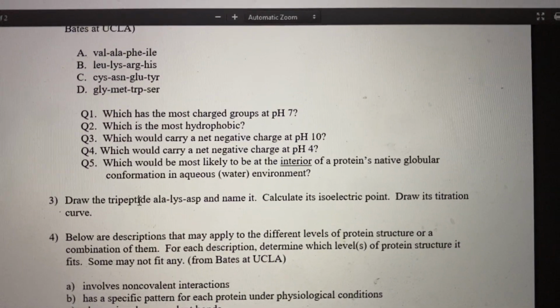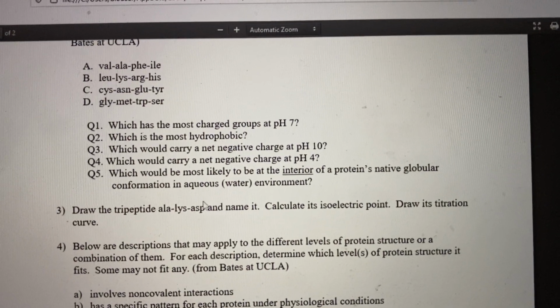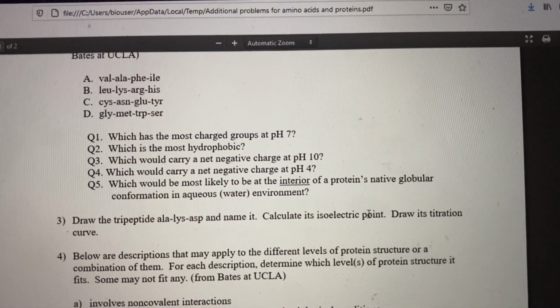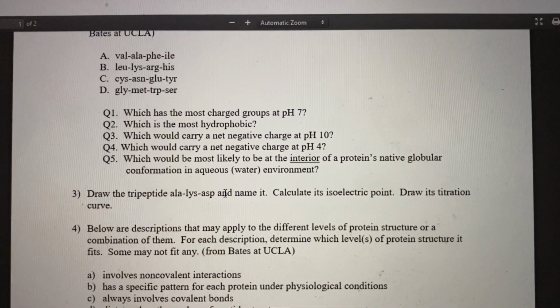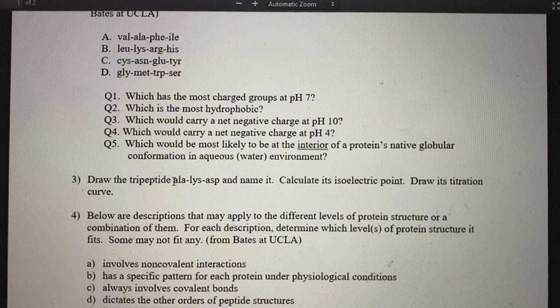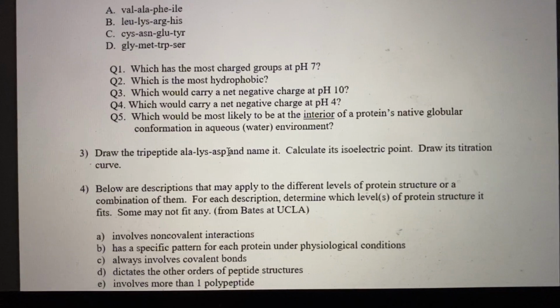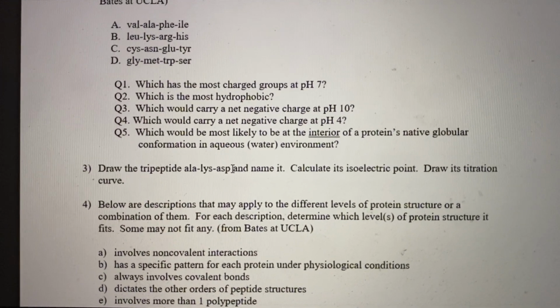Here's practicing naming it. Remember, usually only the last amino acid keeps its full name. Calculate its isoelectric point. That's where, again, you're going to start at pH 0. So this would be NH3+, alanine, lysine, aspartic acid, COOH for the alpha carboxyl group, or the C terminus.